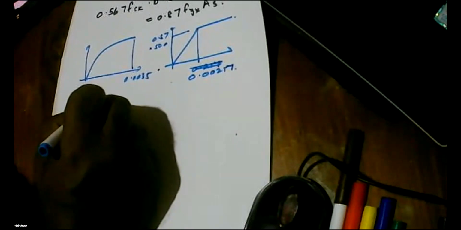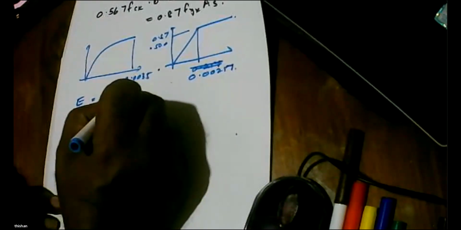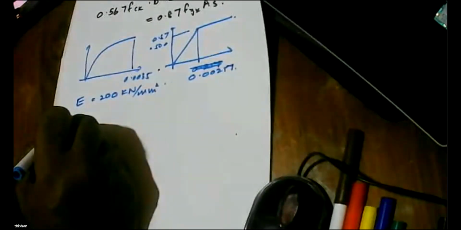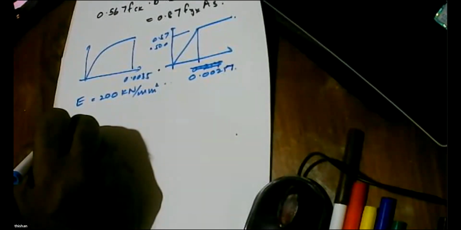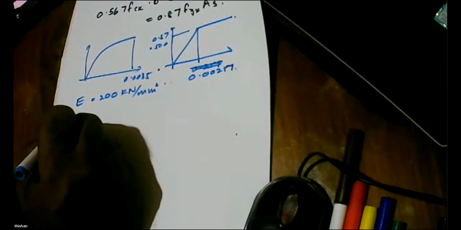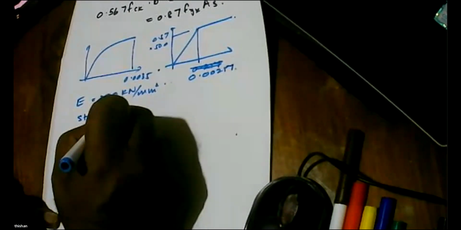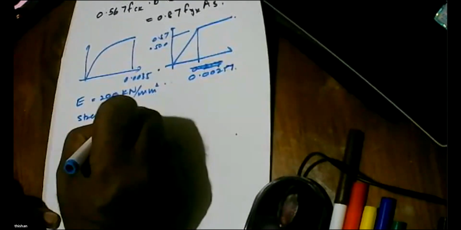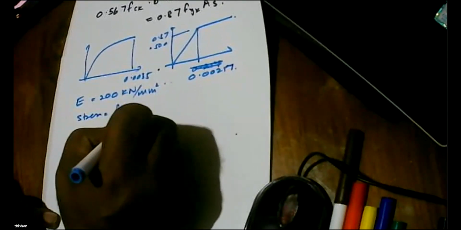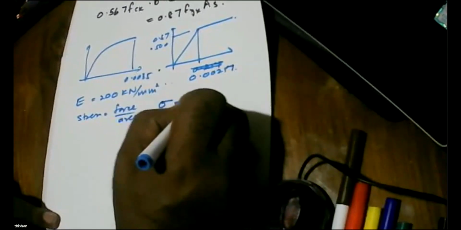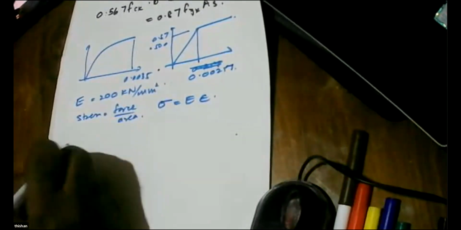Elastic modulus of steel is 200 kilonewtons per millimeter squared, and that is the E value. Stress is equal to force divided by area. And from Hooke's law, sigma is equal to E times epsilon. We are interested in epsilon.